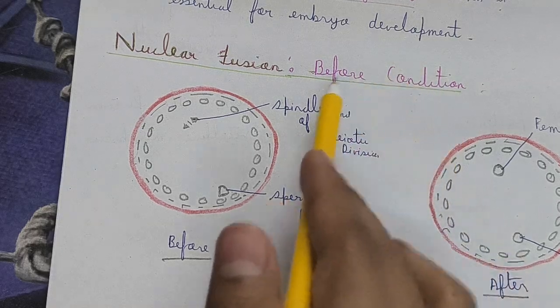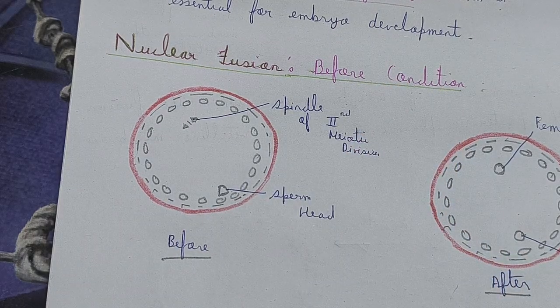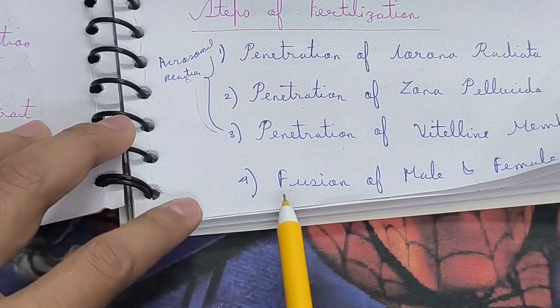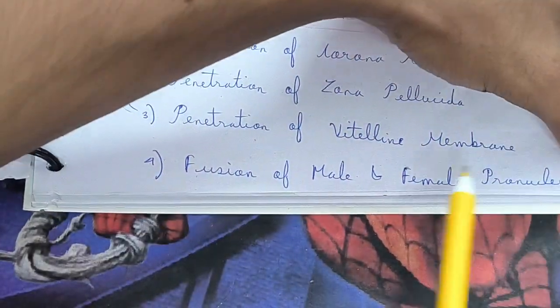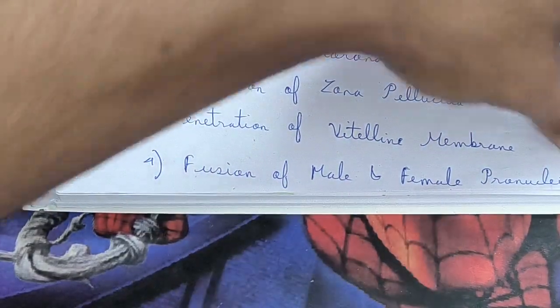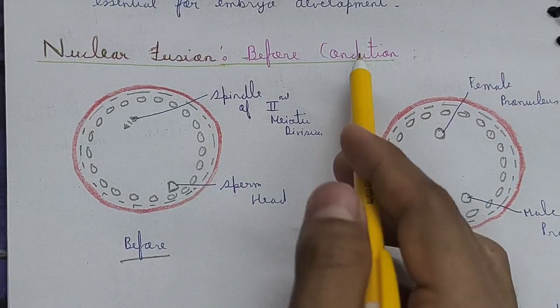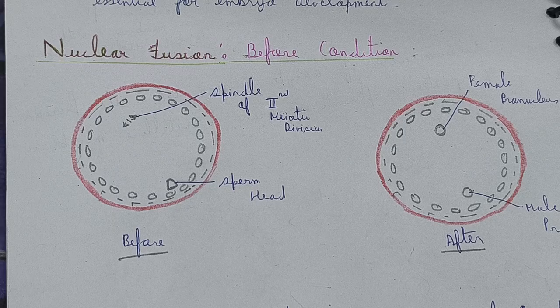Now I will discuss some conditions which are essential before the fusion of male and female pronuclei takes place, because, as I already discussed, the fourth step of fertilization is the fusion of male and female pronuclei. But before this fusion, these conditions take place.